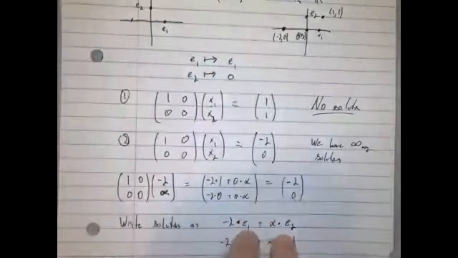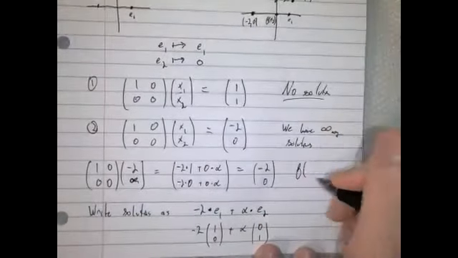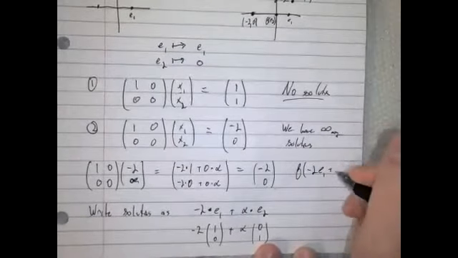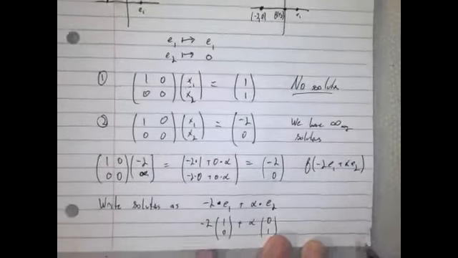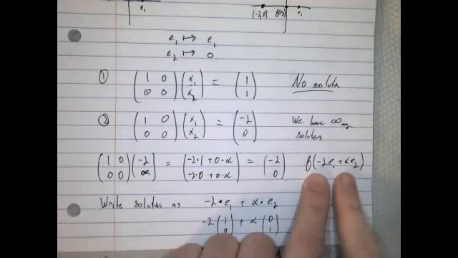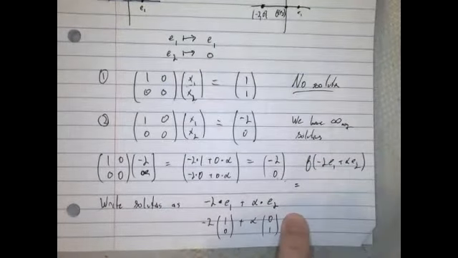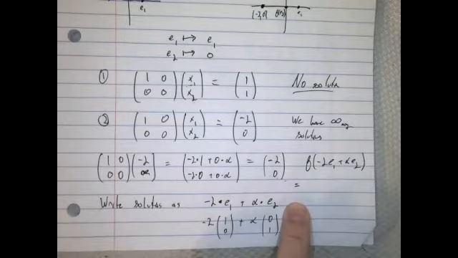Remember the linear transformation f of -2 E1 plus alpha E2. What is a rule about linear transformations? The linear transformation of a sum is equal to the sum of the images, the linear transformation of its parts.